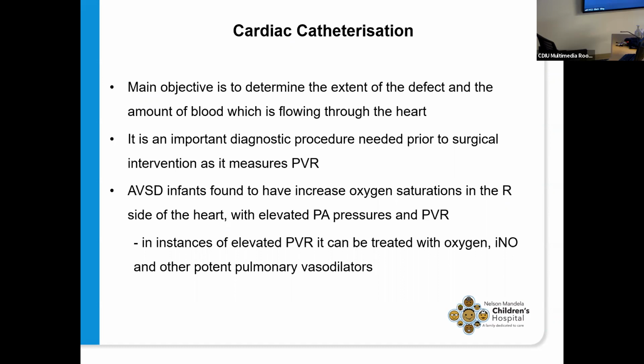And they also present with elevated pulmonary artery pressures and pulmonary vascular resistance. So in instances where the patient has elevated pulmonary vascular resistance, it can be treated medically, either with oxygen, inhaled nitric oxide, and other potent pulmonary vasodilators.